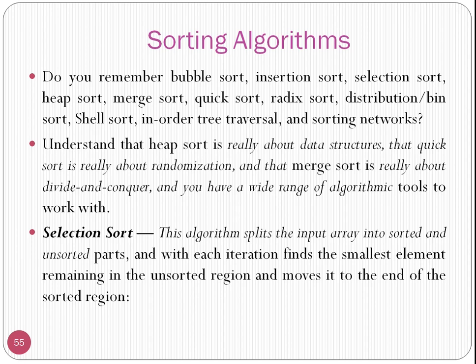Whenever selection sort is performed, it will first find the smallest element from the unsorted section, the unsorted region, and it will put that element at the end of the sorted region.